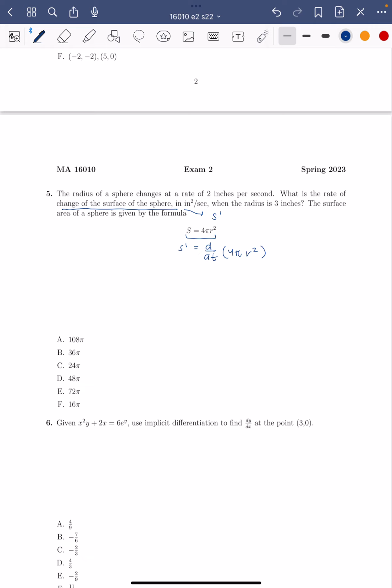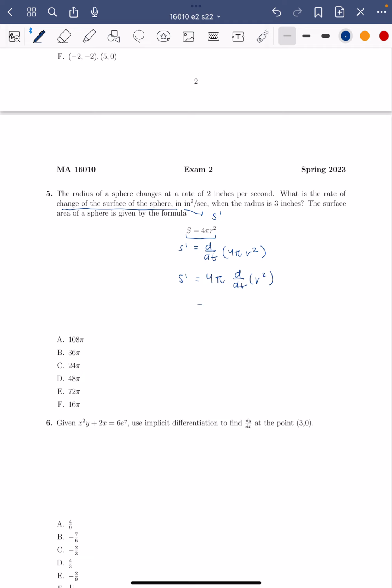Now, we notice that none of these terms are with respect to t, which means that we have to use implicit differentiation. The first thing we want to do is pull out our constants. Our constants are 4 and pi. So we have 4 pi times the derivative of r squared.